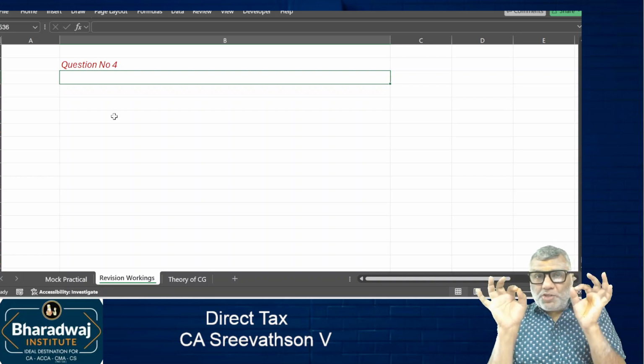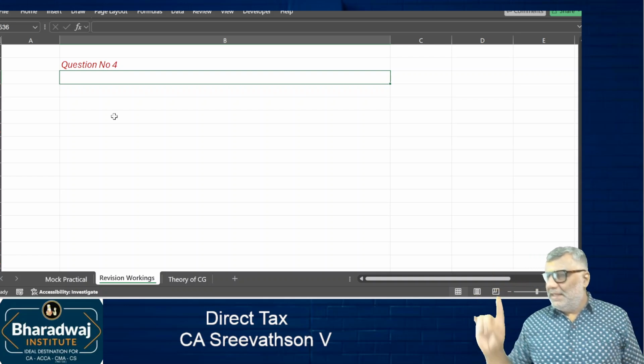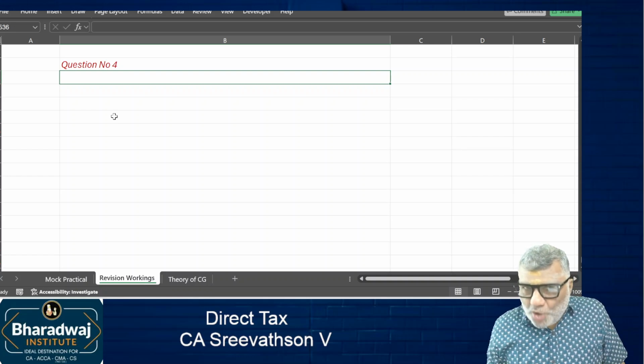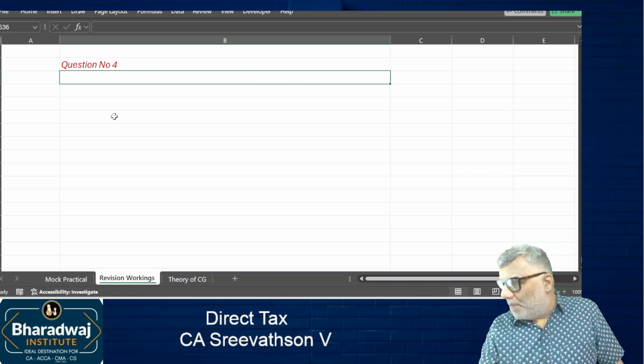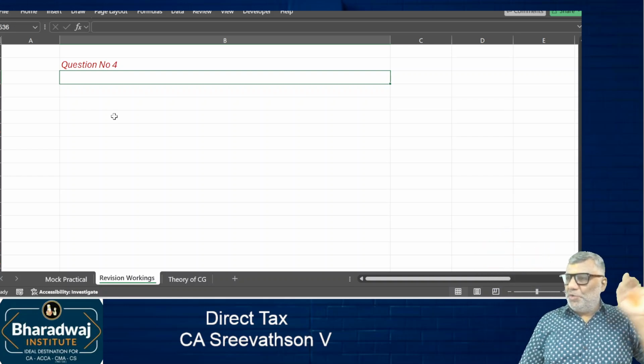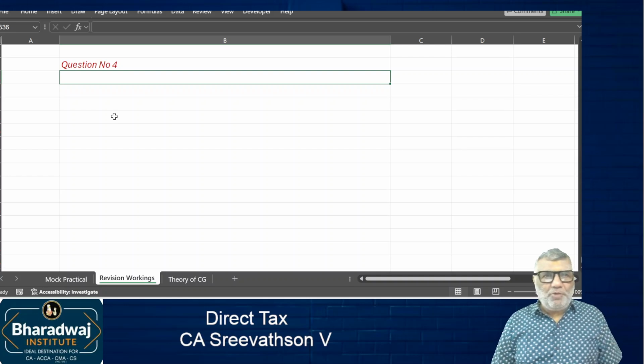Where advance is received by approved modes, date of agreement. Where advance is not received or advance is received by unapproved mode, date of registration. In this question, date of registration will only be the stamp value.